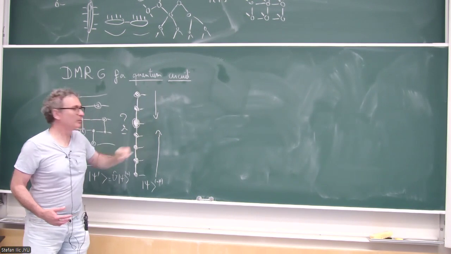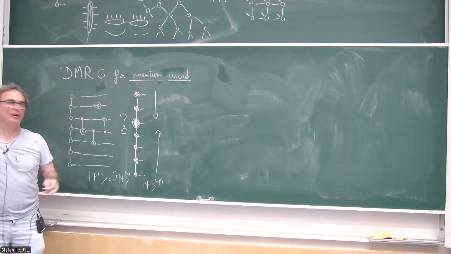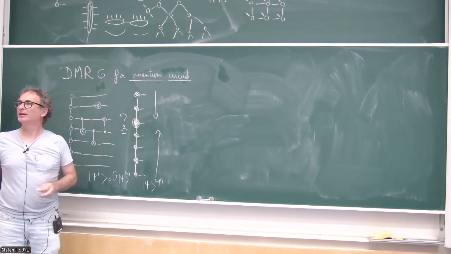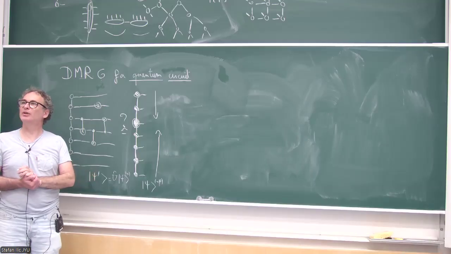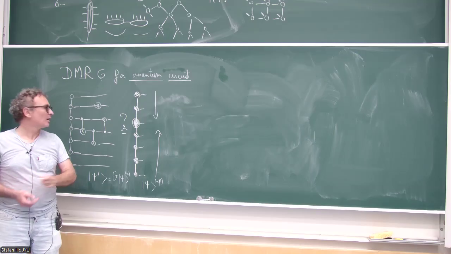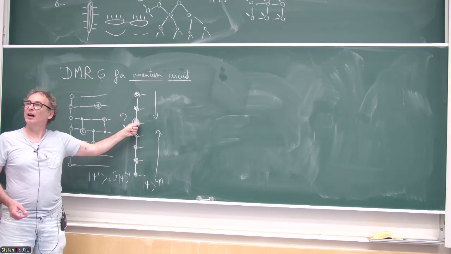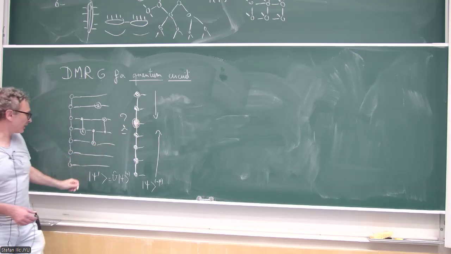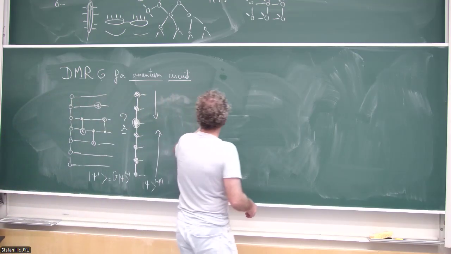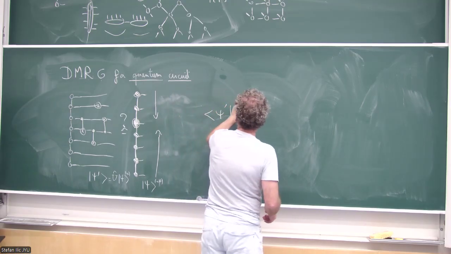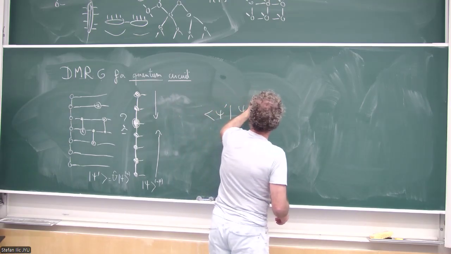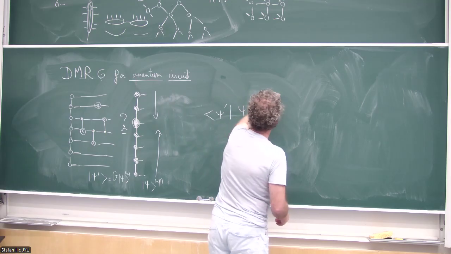Each time we sweep, we make sure we bring as much information as we can onto the tensor that we are considering by moving the orthogonal center to the one we are going to optimize. And then we optimize this one. With respect to what? In this case, we are going to maximize the overlap of psi prime with psi n plus 1, squared.